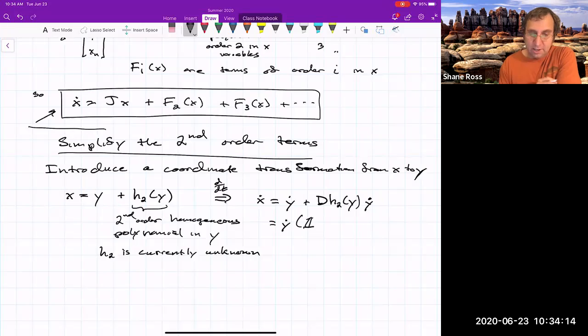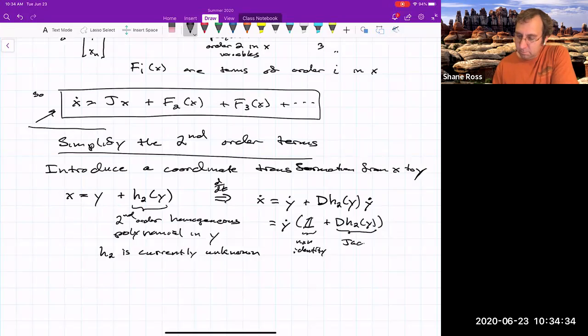This big one is the n by n identity plus dh2 over dy. Is that it? Yeah, that's it. So this is the n by n identity, and this is the Jacobian of the unknown h2.